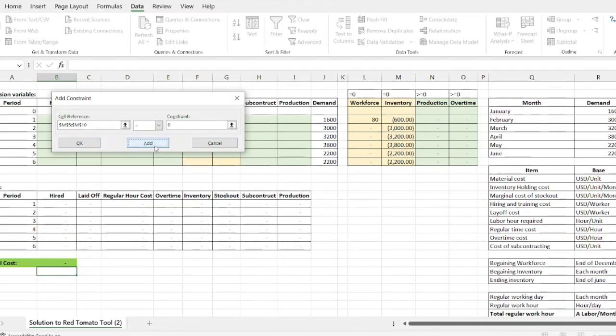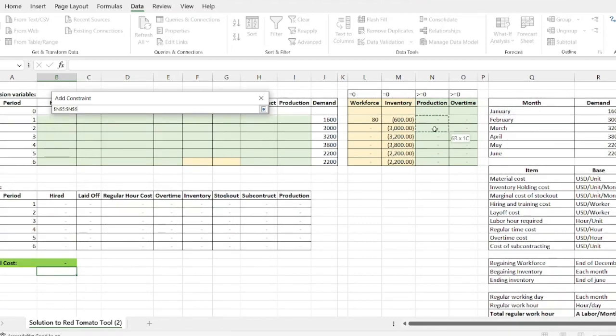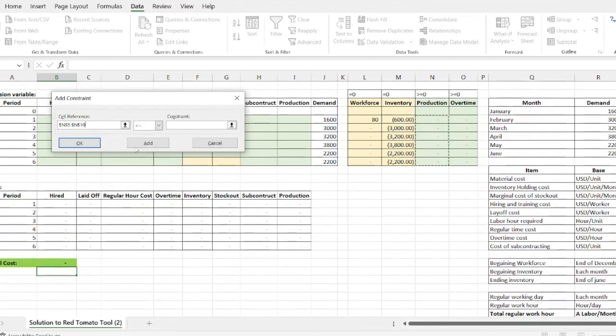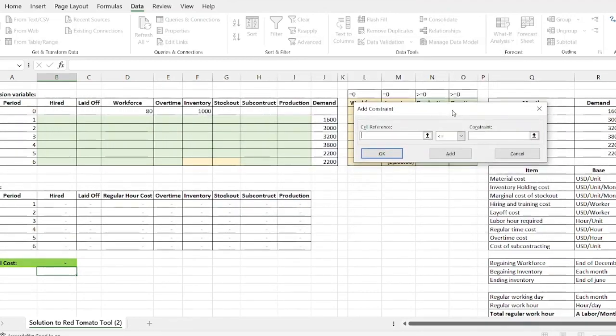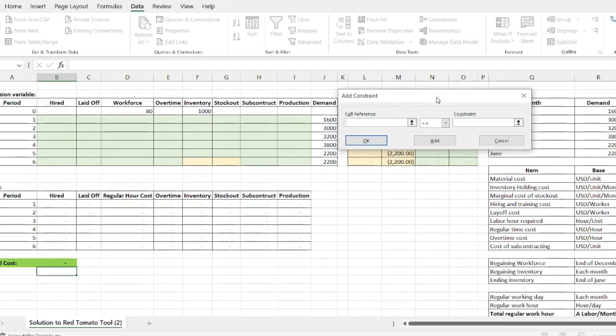Then add it. Then my production values have to be greater than or equal to 0. Then overtime and sales have to be greater than or equal to 0. These are the four major constraints that we had. We have added those.